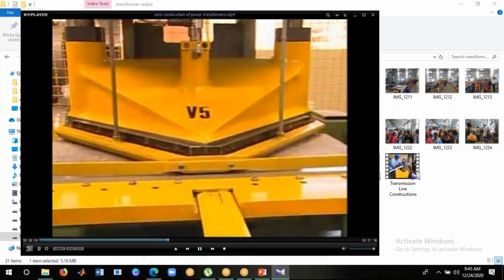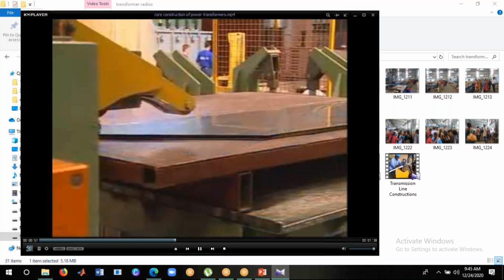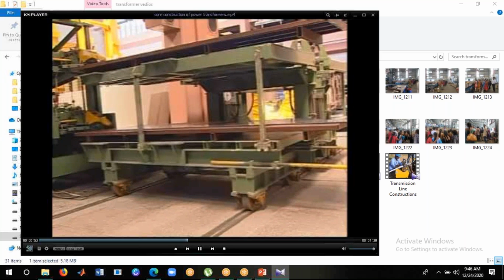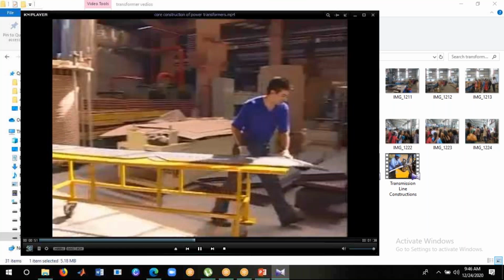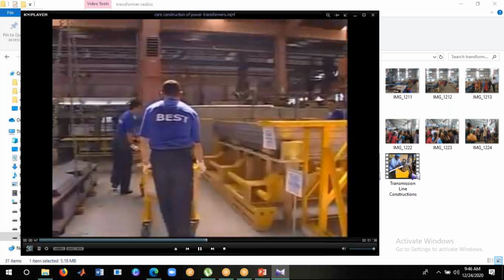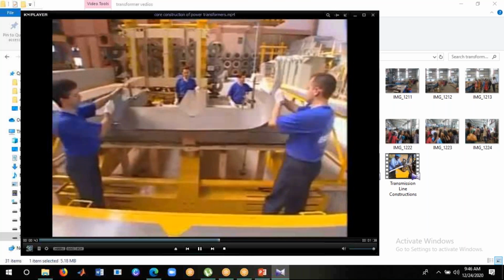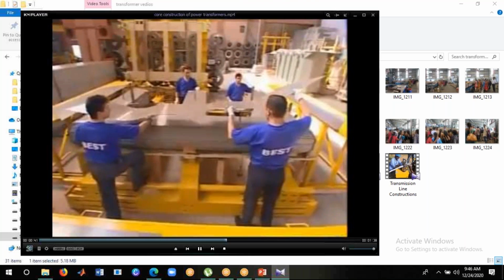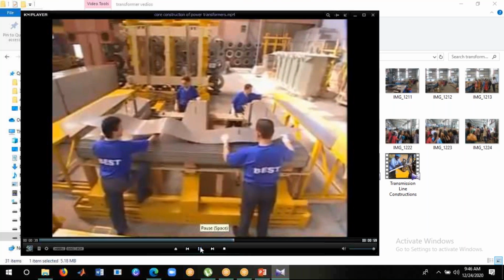Measures are taken to keep the noise level below the specification requirements. The silica sheets cut using advanced technologies are stacked by step-lamp technique on special stacking tables. That technique of arrangement ensures minimized no-load losses and operating current.